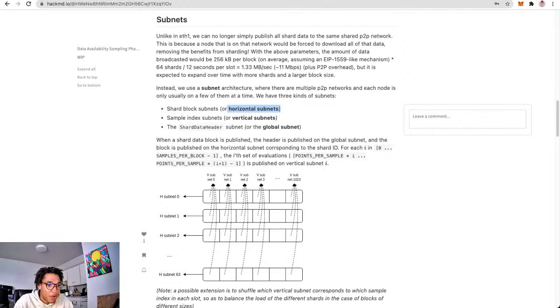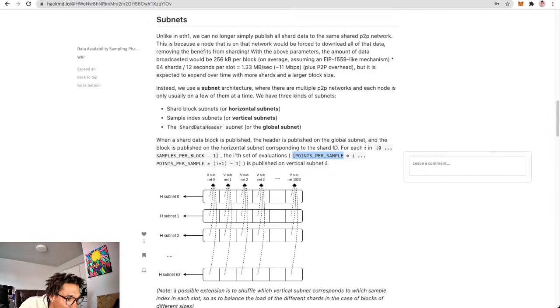For each i in 0 to samples per block minus 1, the ith set of evaluations, points per sample times i to points per sample times (i plus 1) minus 1, is published on the vertical subnet.